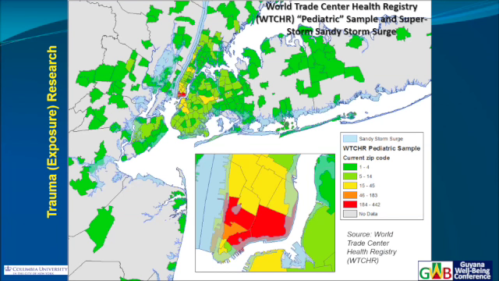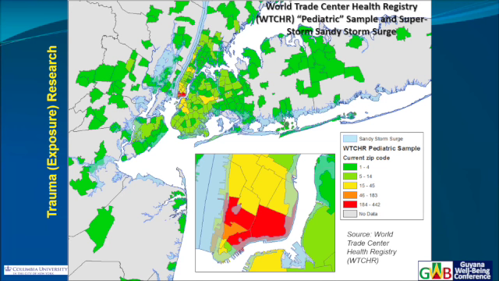This is an example of trauma exposure research where the yellow to red boxes are the number of residents that were exposed to the 9/11 attack from a registry of respondents.